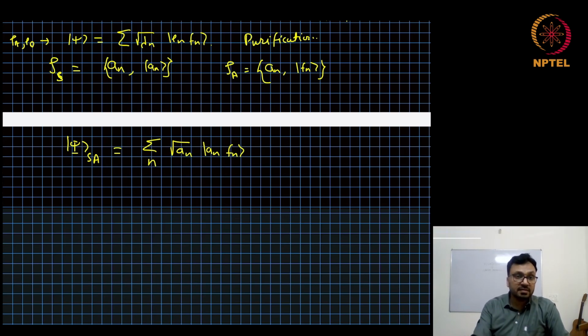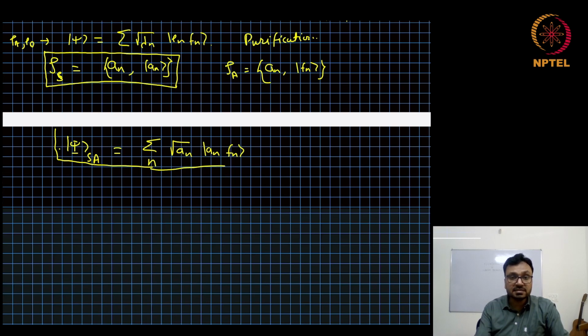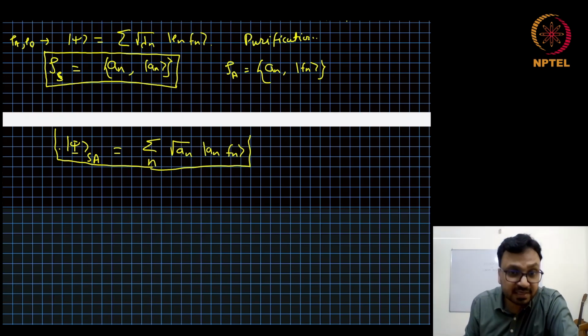So we can always say that any mixed state of a given system can be thought of as a reduced density matrix from a larger system, containing the system as well as the ancilla, in a pure state.